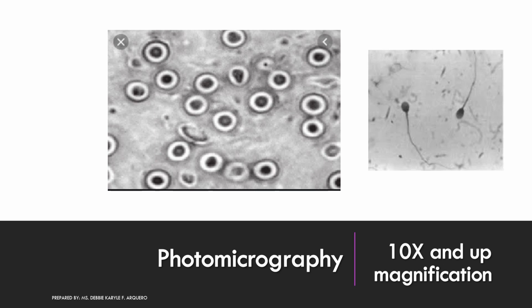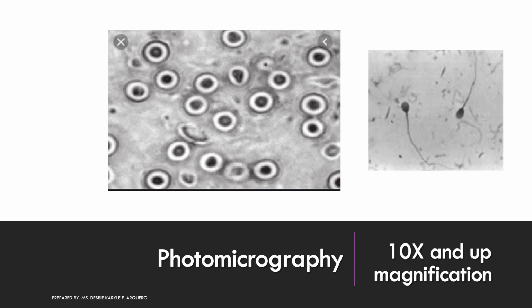Kung kanina sa macro photography, the equipment used is a macro lens, dito naman sa photomicrography, in order to photograph a minute object, it uses a microscope. And it has 10 times and up magnification. So, mas mataas ang magnification ng photomicrography as compared to macro lens.